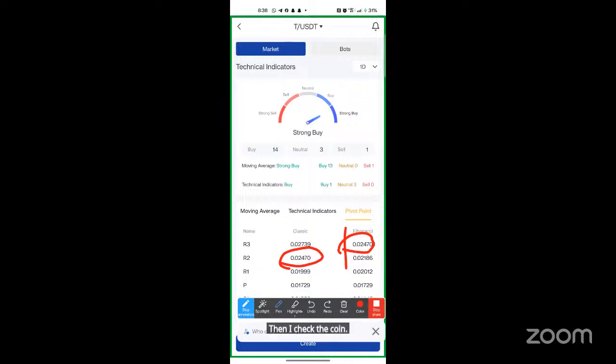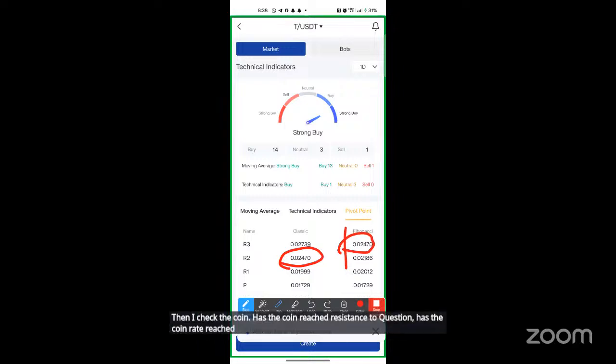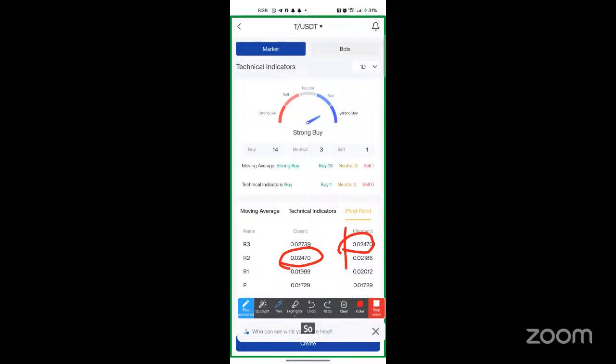Has the coin reached resistance 2? Question. Has the coin reached resistance 2 in 1 day? Answer, the chart. Has the coin reached resistance 2 in 1 day? No. So I want this coin to sell when it reaches that point.